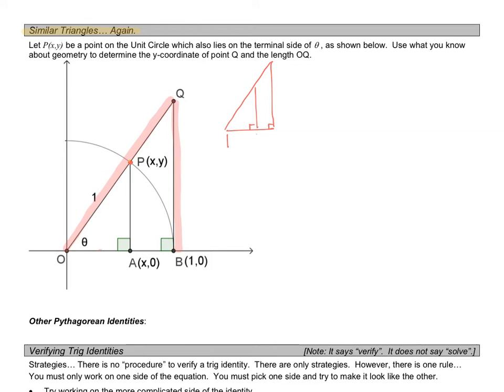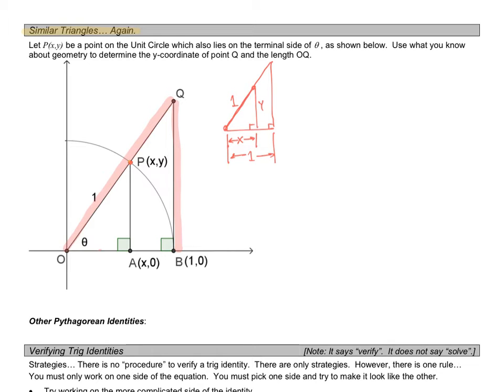This length right here is x. This length right here is 1. This length right here is also 1 unit. And this length is y.